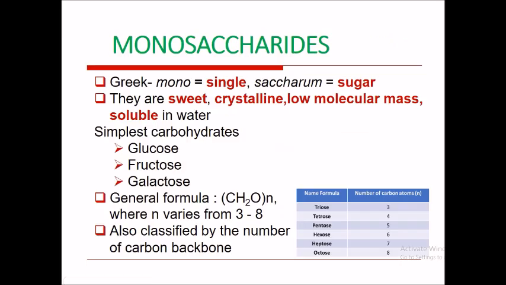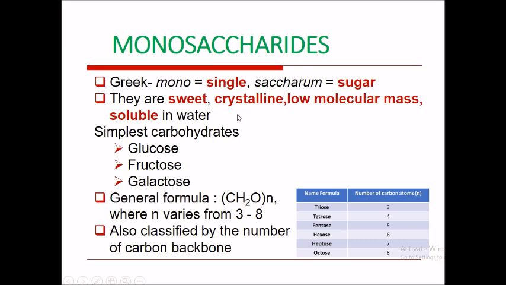Now let's look at the first class of carbohydrate, which is monosaccharides. Mono means single and saccharum means sugar in the Greek language. The properties of monosaccharides are that usually they are sweet in taste, crystalline, low in molecular mass, and also soluble in water.